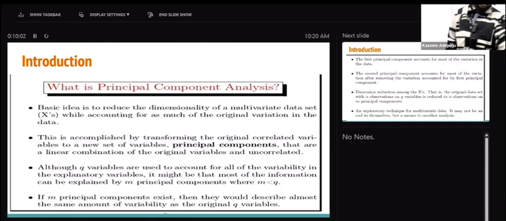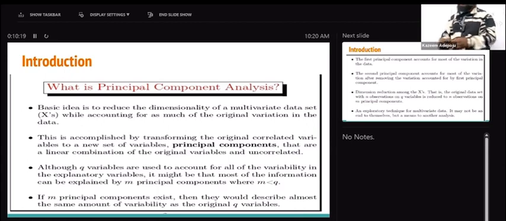I'm going to say that again. Let's say, for instance, we got 10 independent variables that are correlating. Of course, we cannot use them in our model. There's going to be a problem because they are correlating.